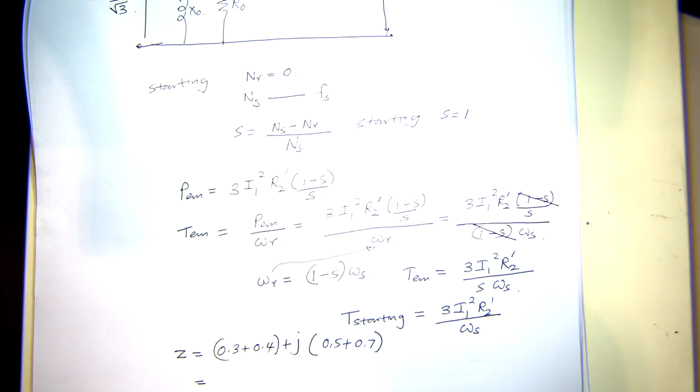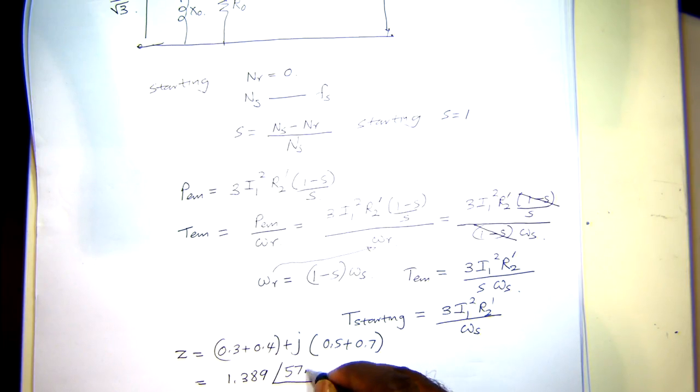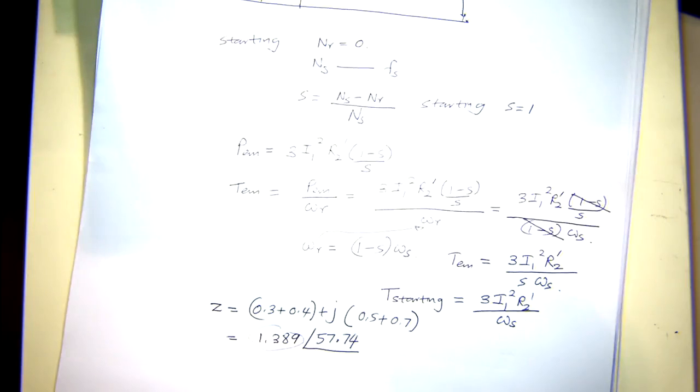So this is 0.3... So this turns out to be 1.389 with phase angle 57.74. So we are only interested in this particular magnitude of the impedance.